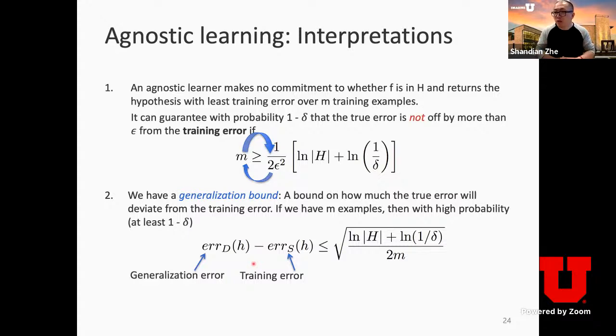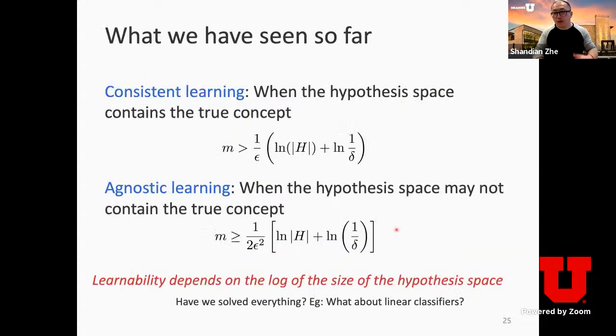Of course, it's a probability bound, meaning that for any fixed number of training examples, we claim that with probability at least 1 minus delta, the generalization error is upper bounded by the training error plus this term. So this square root term determines how far apart the generalization error and the training error can be.